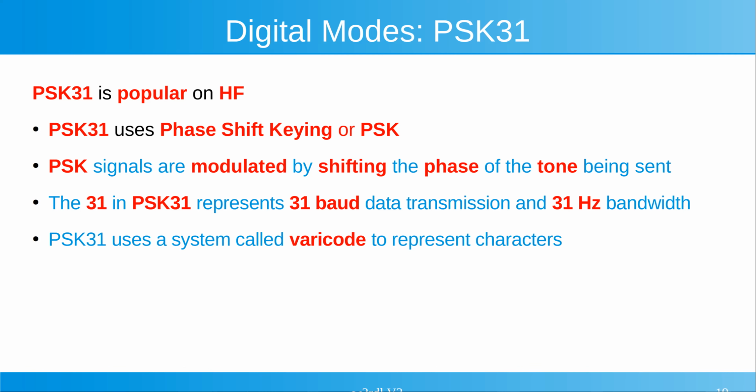In varicode, every character can be a different length. So the ones that you use the most, like the vowels A, E, I, O, U, are 1 or 2 bits long. Things like punctuation marks that are hardly ever used may be 8 or 9 bits long. So that's why it's called varicode.